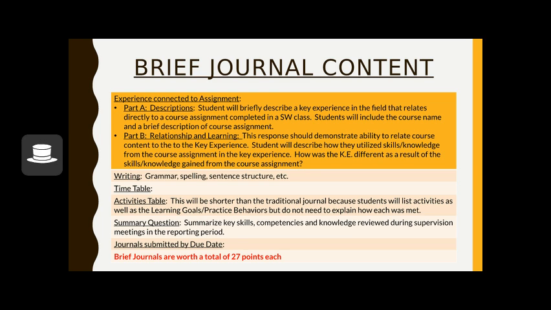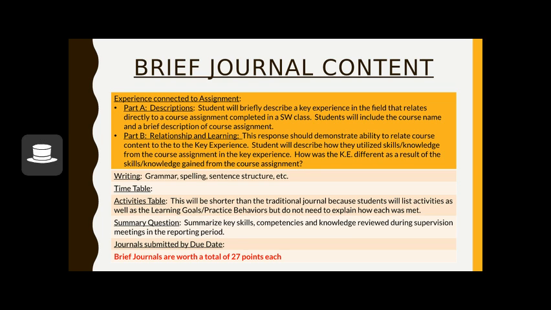So the first one is a key experience in field that relates specifically to a course assignment completed in class. Students also may use one in this journal that they're also including in their portfolio from the seminar class, so they can kind of hit 2 birds with 1 stone, or as Dr. Fitch says, catch 2 butterflies with 1 net.